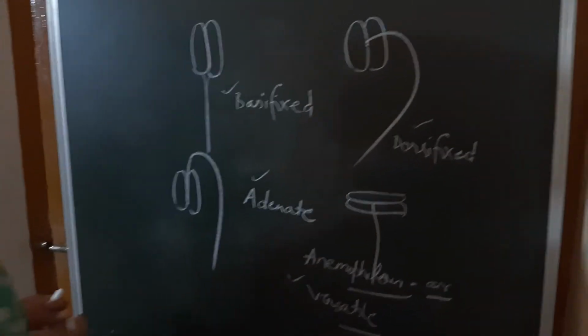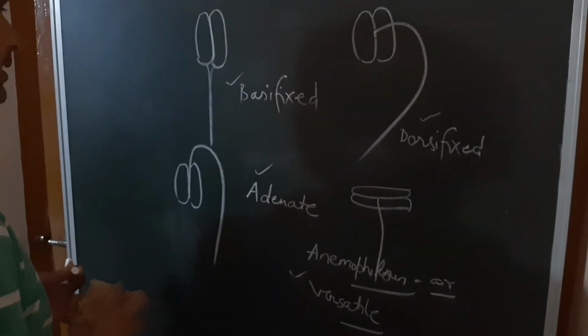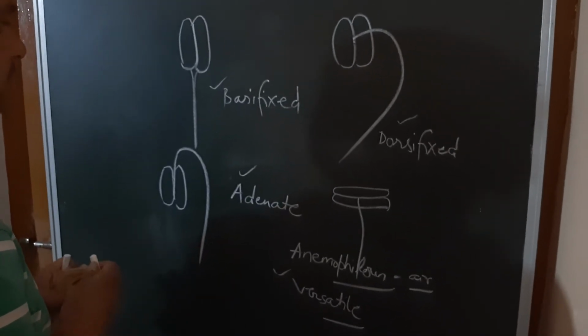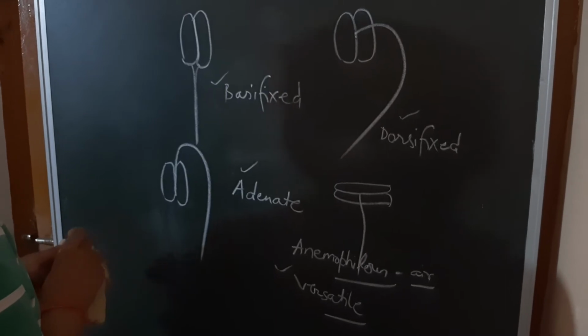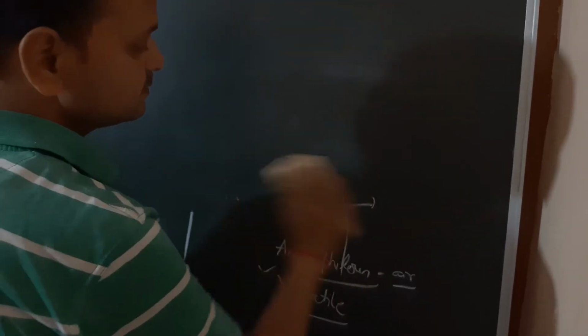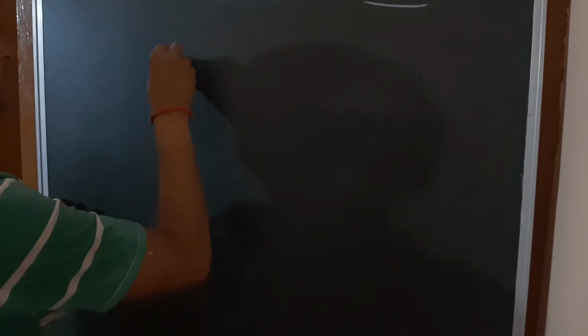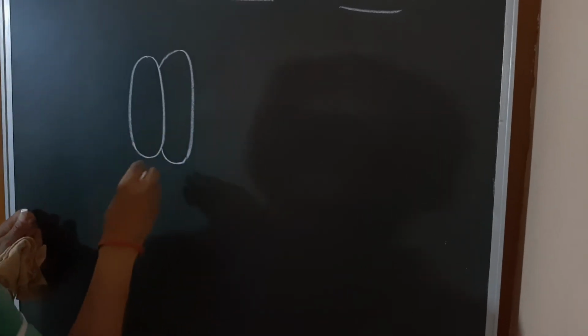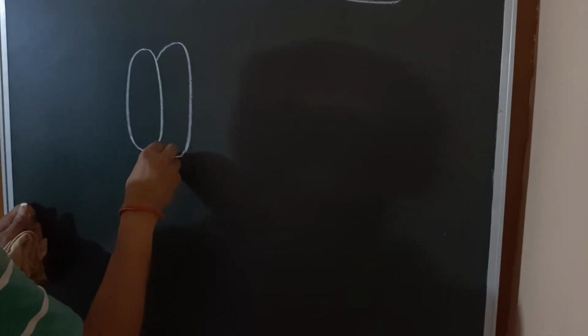Now coming to the detailed structure of the anther and the filament. For this purpose, we are going to draw the anther first of all. So this is the anther, and again it is a bilobed dithecous anther, to which there is a filament connected like this.